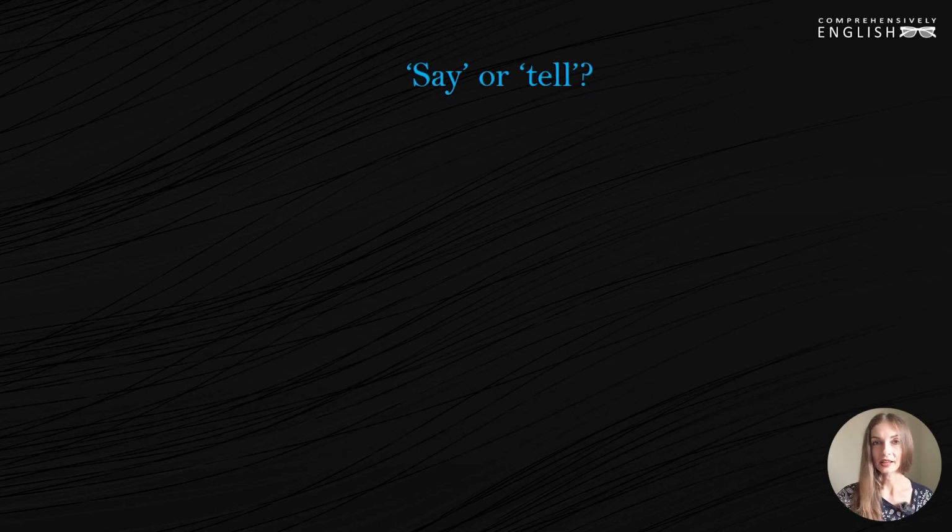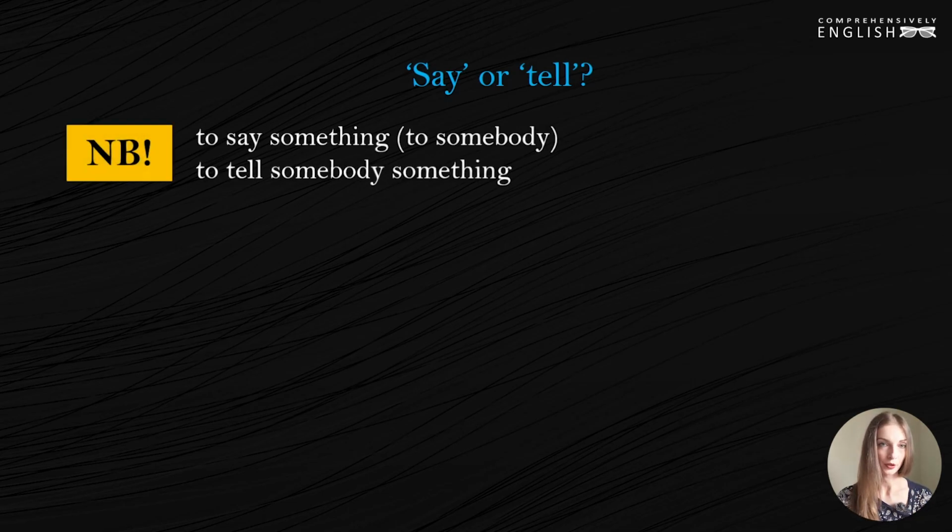So Jasmine told her father to let them do it. Now, another thing I want to mention when speaking about reported speech is whether we use say or tell. I see my students are sometimes confused about these two words. Let's memorize these formulas. To say something to somebody, but to tell somebody something.